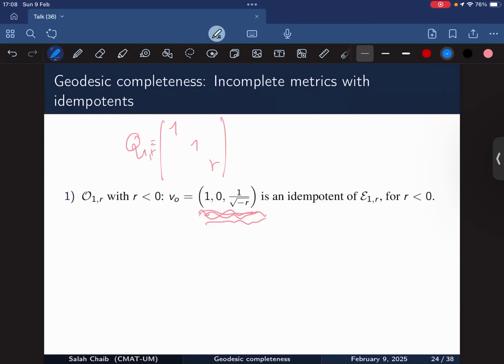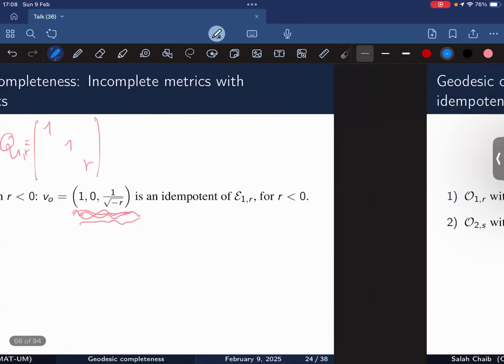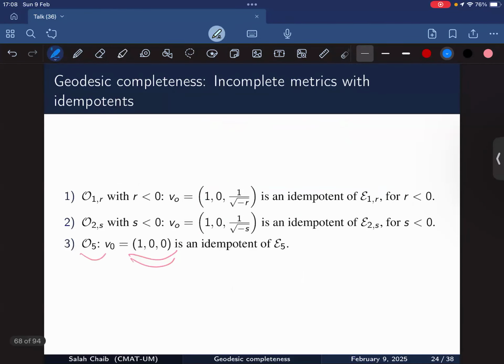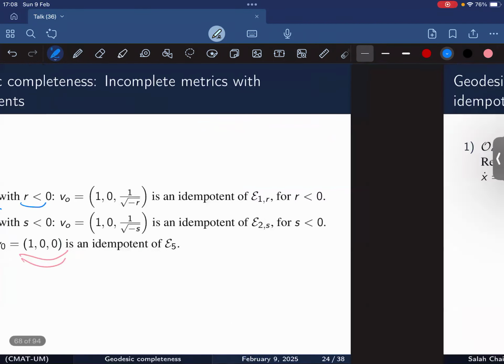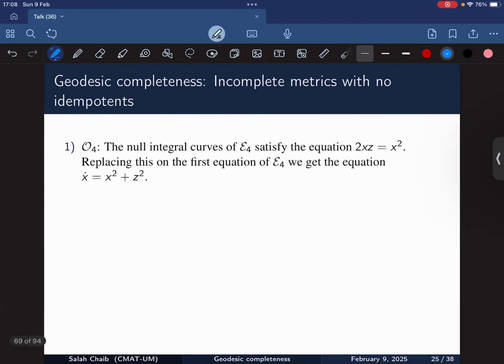So for several metrics, we get this. For O1R with R negative, for O2S with S negative, and for O5, they are incomplete metrics with idempotents. But as we are in the non-unimodular case, we get more incomplete metrics. There are some incomplete metrics without idempotents.